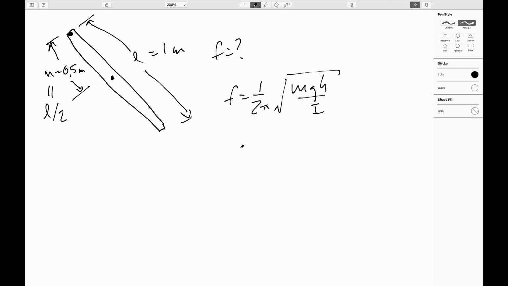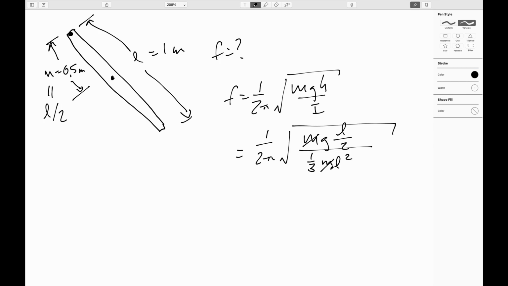So let's see if we can take this any further. 1 over 2 pi root mg, and for h I'll put in L over 2. Then the moment of inertia of a rod swinging about its end, if you look it up in the tables, is 1/3 mL squared. Conveniently, I had never provided you with the mass of the meter stick, so it's a good thing that canceled. We also get one power of L canceling.